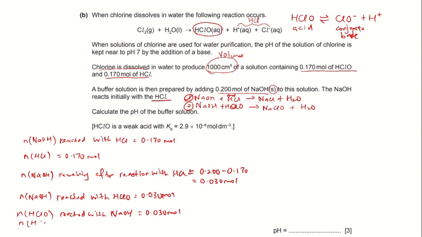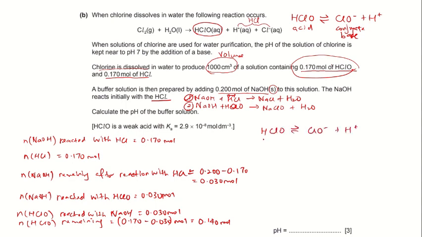The number of mole of the weak acid remaining will be 0.170 minus 0.03. We start with this amount of the weak acid, so I should get 0.140 mole of HClO in the solution. So for the buffer solution that is formed, the number of mole of HClO will be 0.140 mole.